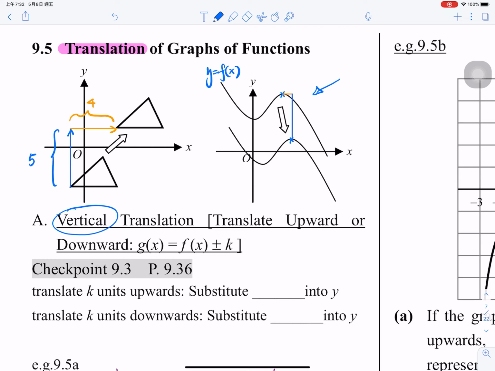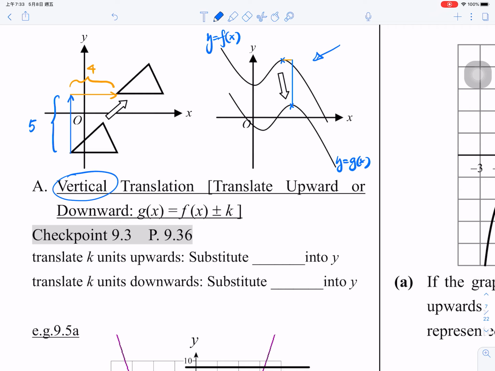So how to rewrite or how to get the new graph of the function? That means y equal to g(x). How can we get g(x)?